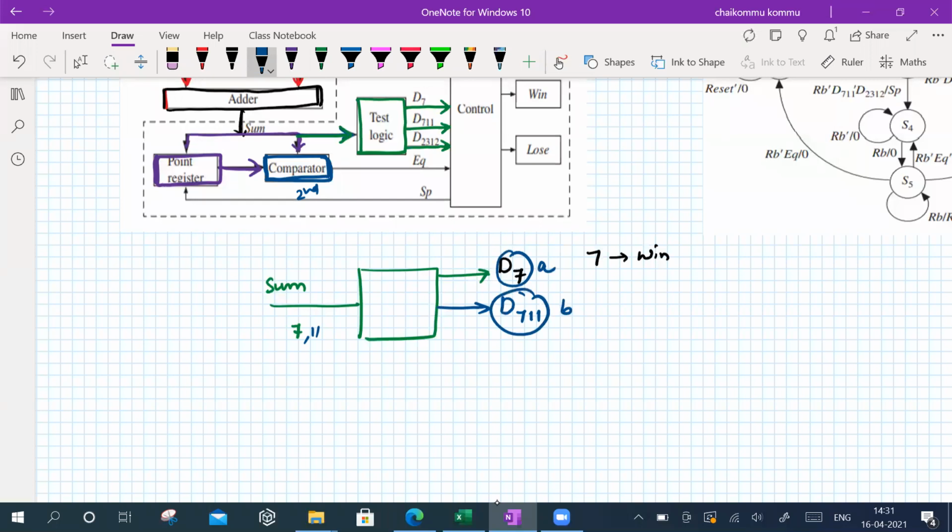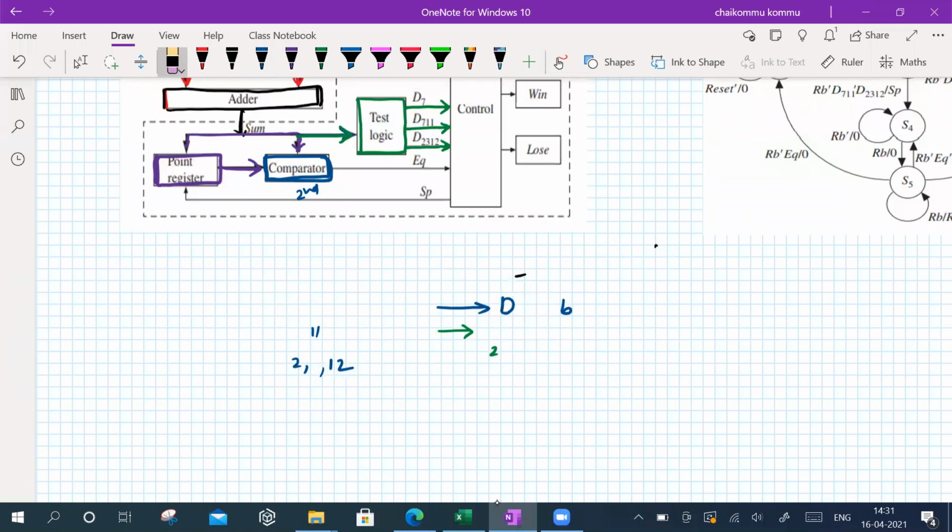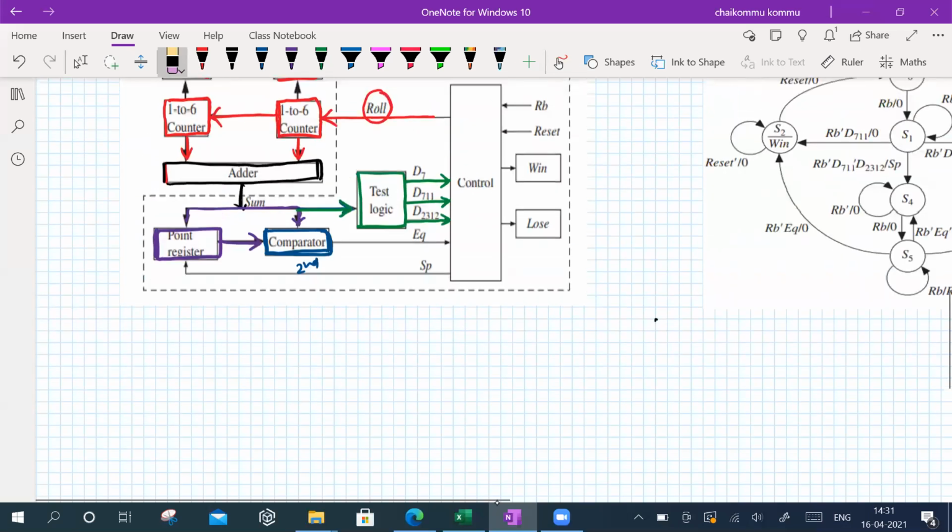And for example, suppose 2, 3 or 12 came, then we may lose the game. Therefore D2 3 12 is the name that they have given. Instead of this one, we can call it C also. So nothing more than that. This is the information that we have to write in this way. That is what the test logic is required here.